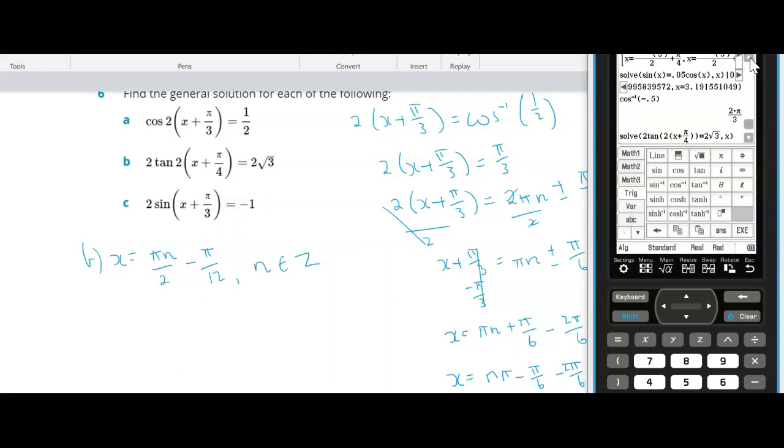I think we had one where we had 2 solutions. With the last one, we might have 2 solutions, so let's do that one. We'll do sine, that last one.